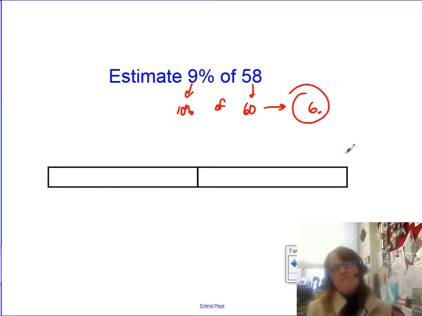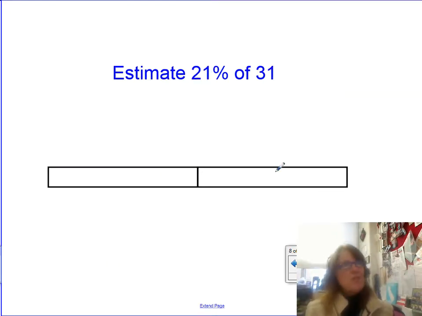It's 6. This is pretty close. If you are using an estimate of something close to 50%, 75%, 25%, and so on, the bar is a good way to go. If you can break it down into chunks of 10%, that's a good way to go.